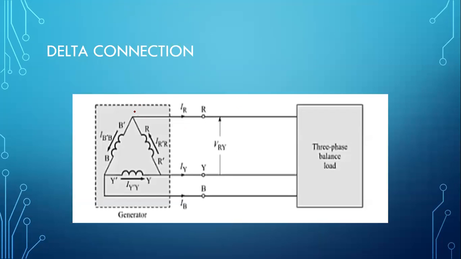So this is outgoing, this is incoming, this is outgoing. Incoming is IR dash R and outgoing is IR plus IB dash B. So what can I write for IR, which is my line current? IR equals IR dash R minus IB dash B. This one I know in terms of line and phase.